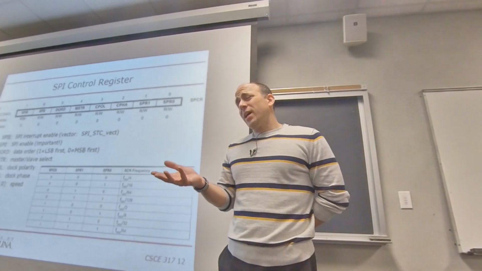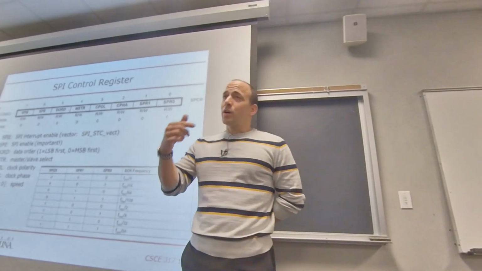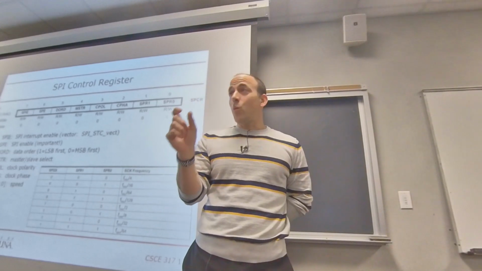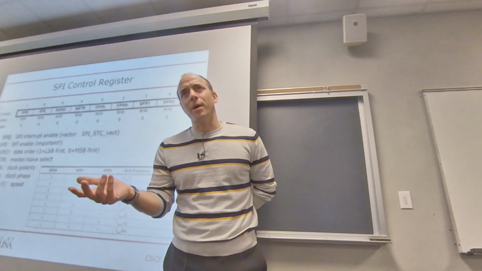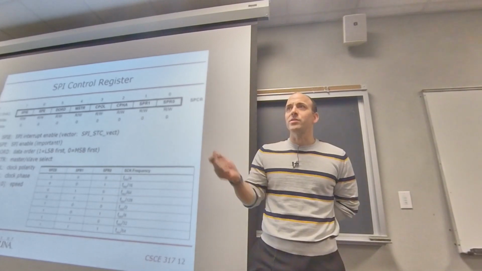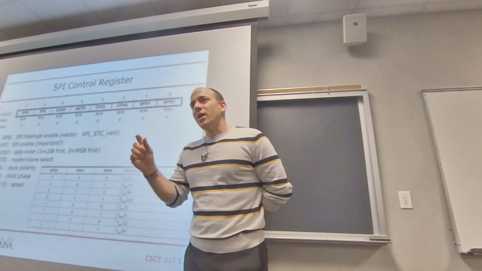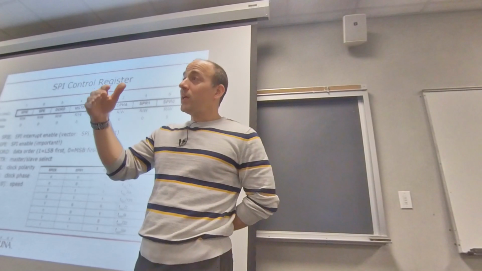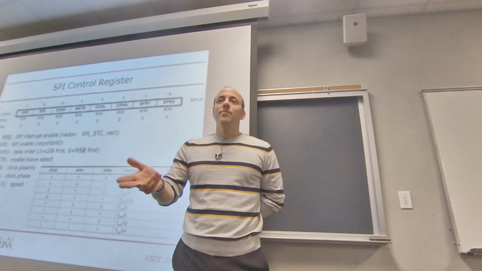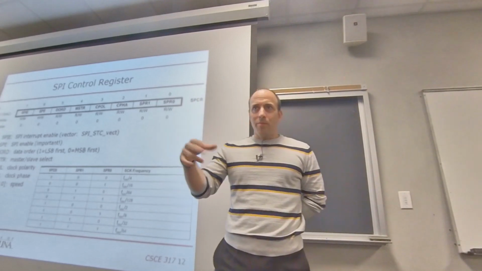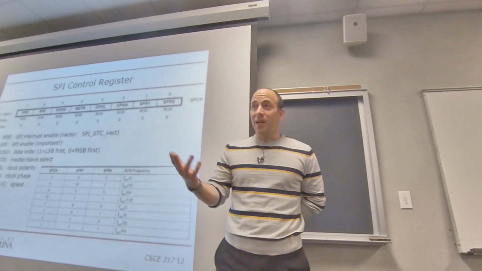You could do that in a loop where you set it high and then use the wait function, _delay_ms. I'm assuming there's also a _delay_us. So you could set it high, do a busy wait, then drive it low, do a busy wait, and then repeat.